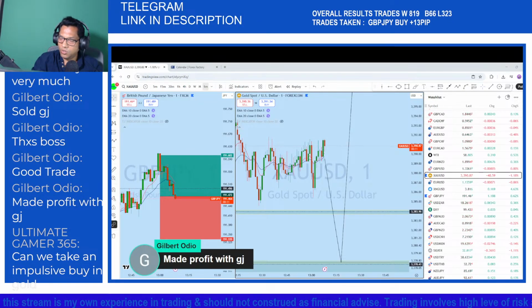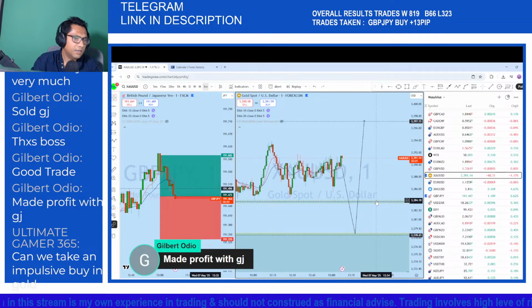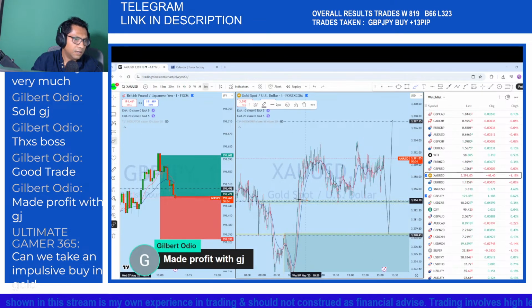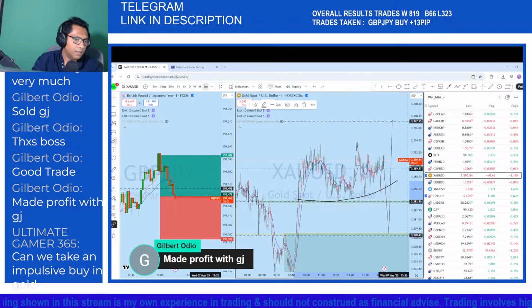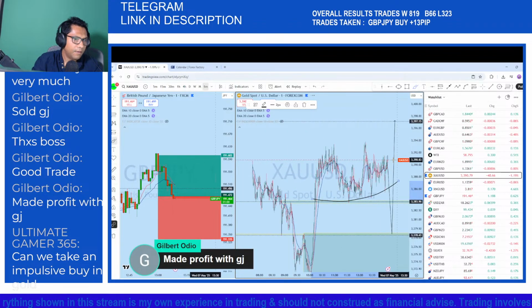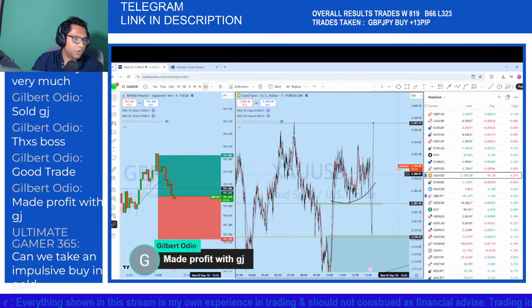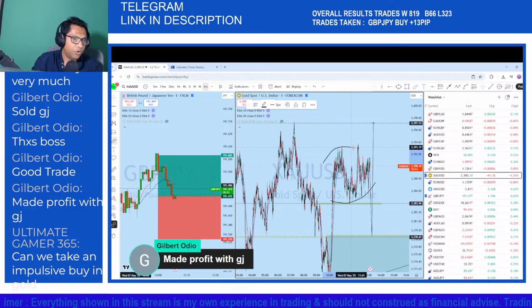Because when the market ranges, if you look at it, you can see this is a support, and with that support it's kind of forming a circle here.